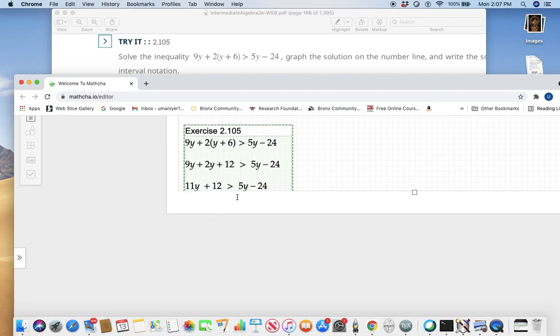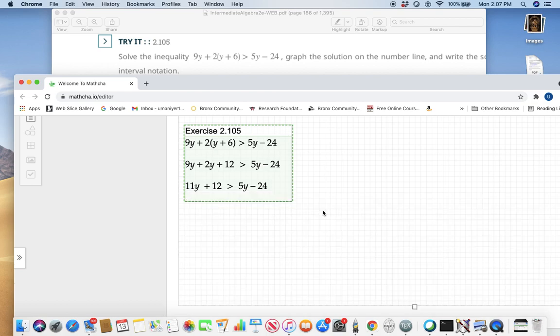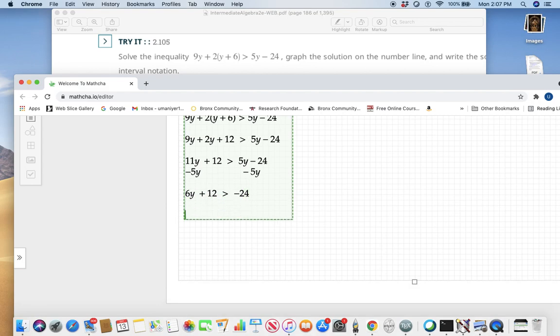At this point, you want to get the y's together. So subtract 5y from both sides. 11y minus 5y is 6y plus 12 is greater than, 5y minus 5y cancel, negative 24. Now move the plus 12 to the other side by subtracting 12.